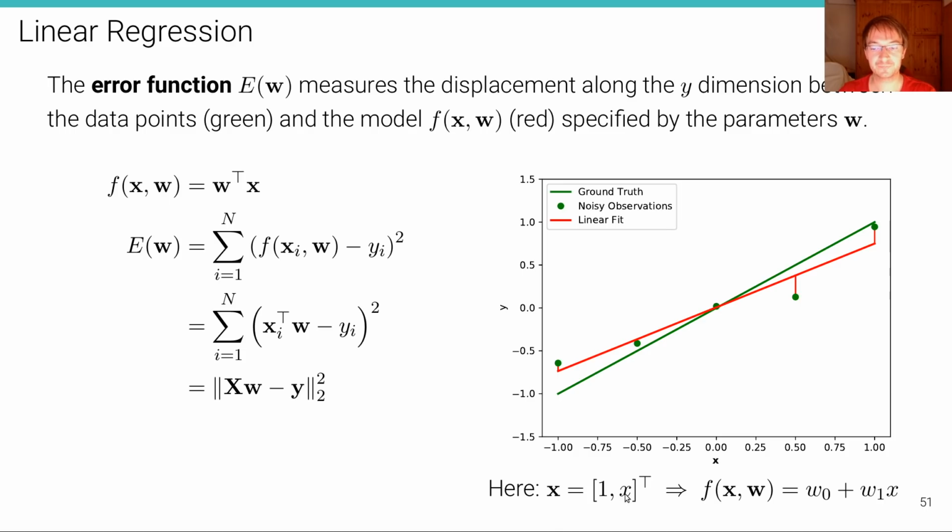This is a vector and this is a scalar. So the input here is a scalar x, but the vector x is then composed of 1 and this scalar. And the function is then w0 times 1 plus w1 times x, just executing this inner product here. And this is the familiar form of the linear model. This is what was used here.